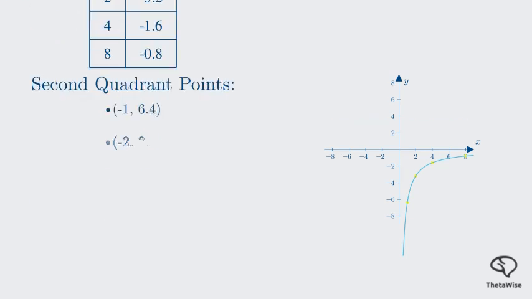The corresponding points in the second quadrant will be negative 1, 6.4, negative 2, 3.2, negative 4, 1.6, and negative 8, 0.8. Plot these points and sketch the second branch in the second quadrant. It should be a symmetric image of the first branch, also approaching the axes. Label your final graph with the equation xy equals negative 6.4, and there you have it, the complete graph.